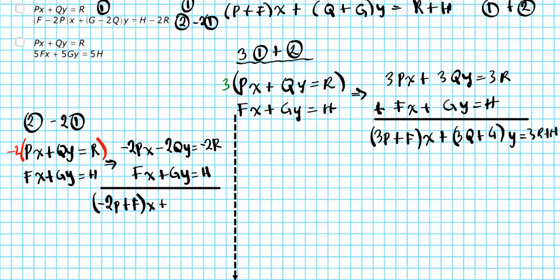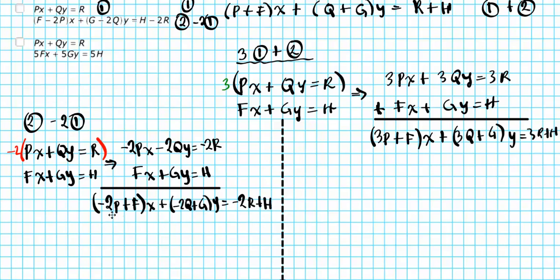And then plus -2q plus g, they would have y's next to them. This is right. And that equals -2r plus h. All right, so remember addition commutes, so we can reorder our addends here. So this can be written as f minus 2p times x plus g minus 2q times y equals h minus 2r. So is that what we have here?